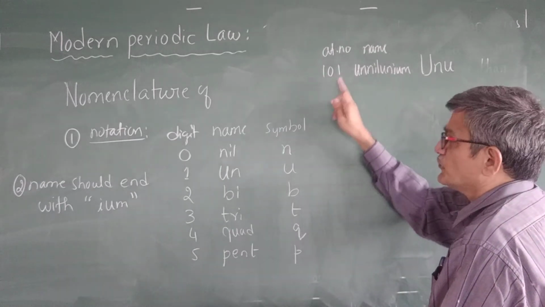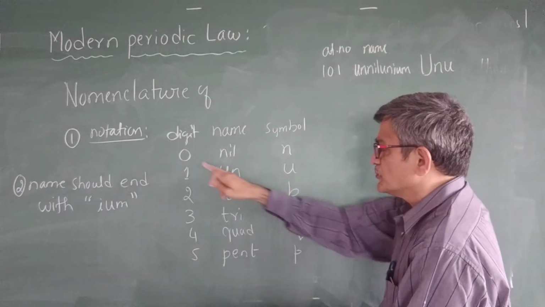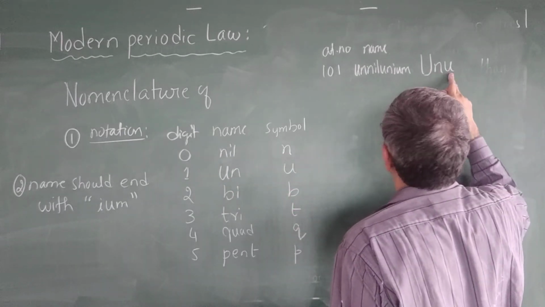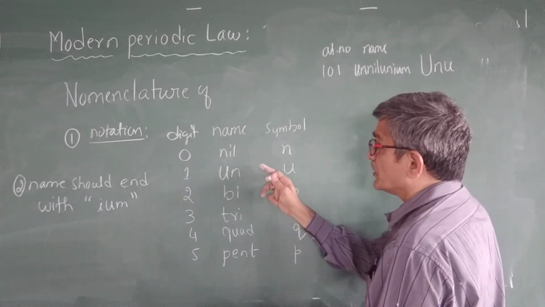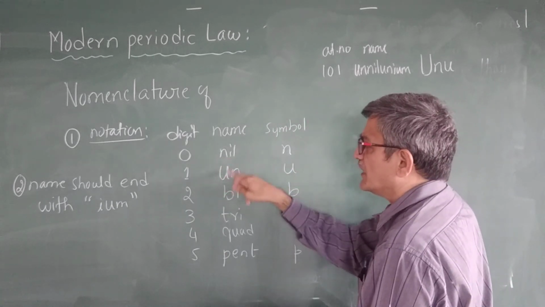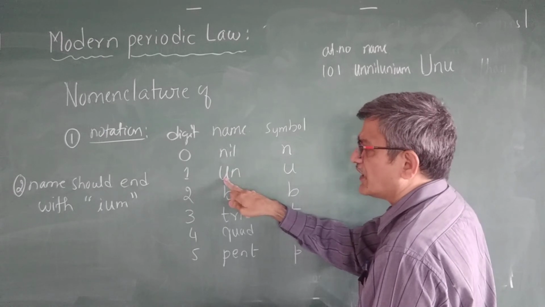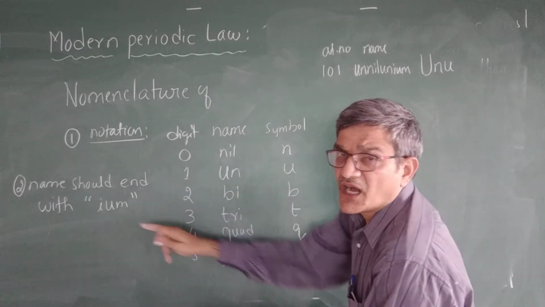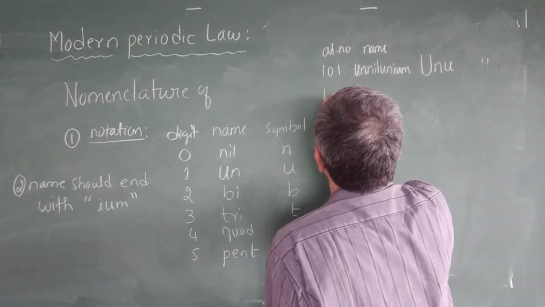Follow 101: 1 means U, 0 means N, again 1 is U. So UNU. And how to name this? 1 is un, 0 is nil, once again 1 is un, and it ends with IUM: unnilunium.